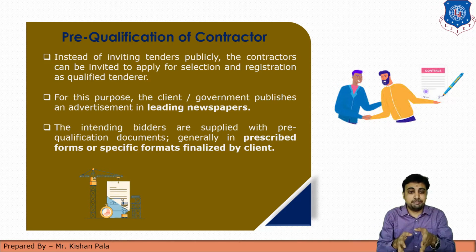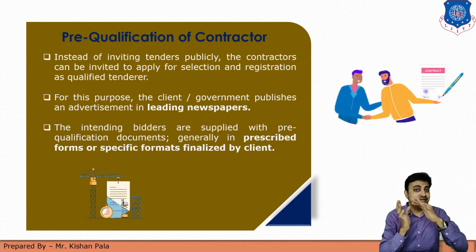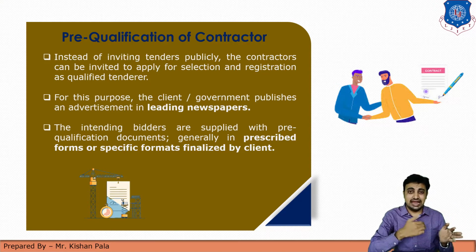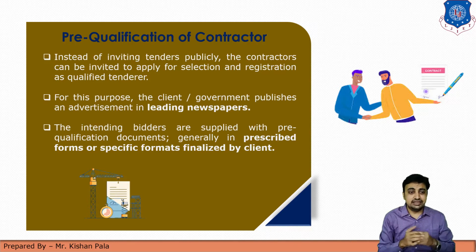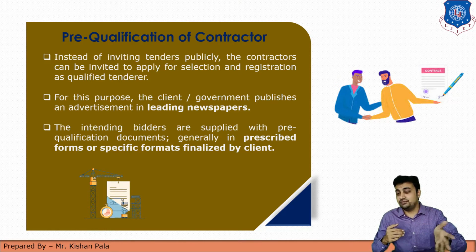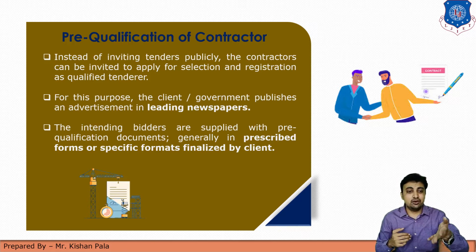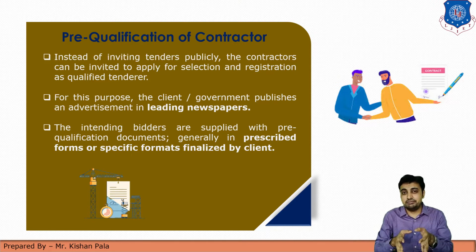For this purpose, the client or owner, which may be a government body or a private body, displays an advertisement in different media, for example in newspapers. The interested bidders are then supplied with the pre-qualification document, generally in a prescribed form of a specific format finalized by the client, because this format may change depending upon the client and owner.